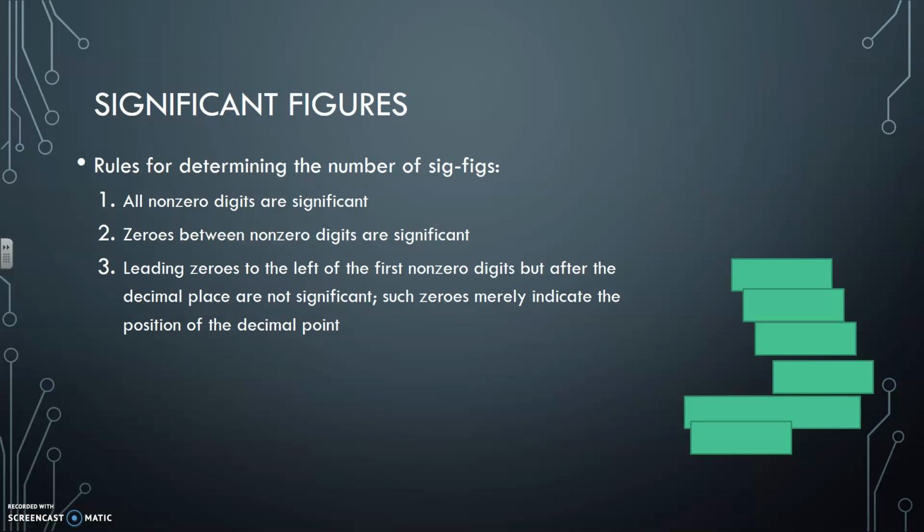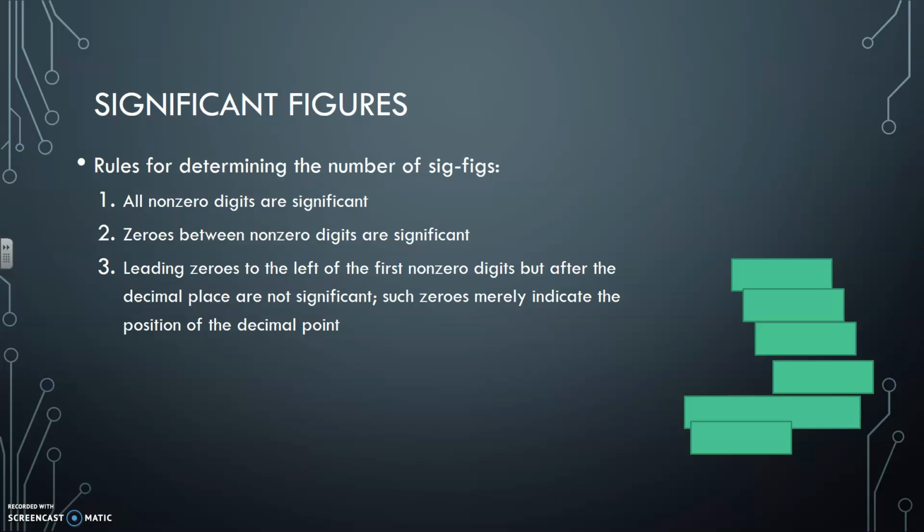Leading zeros are zeros to the left of the first non-zero number. This is when you have a decimal point, so you have a number that is less than 1. So you have, say, 0.00253.